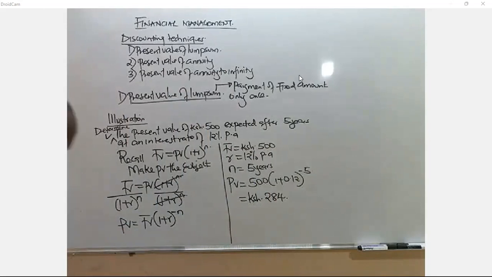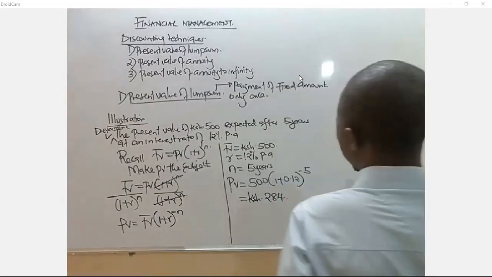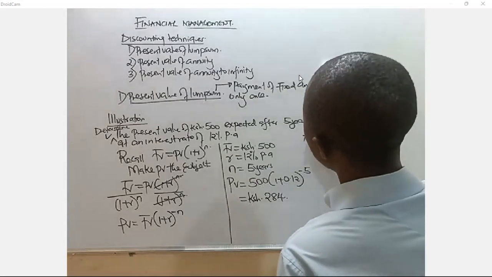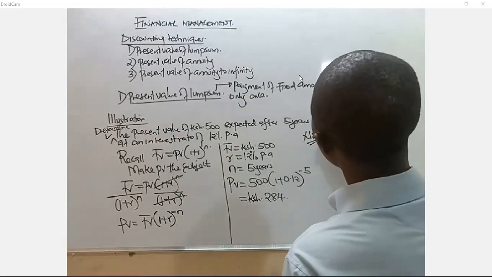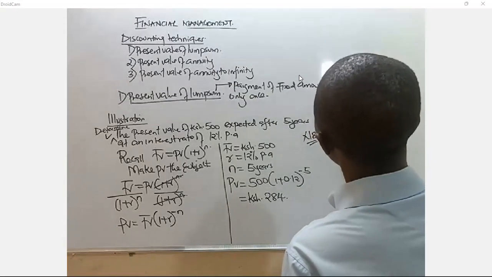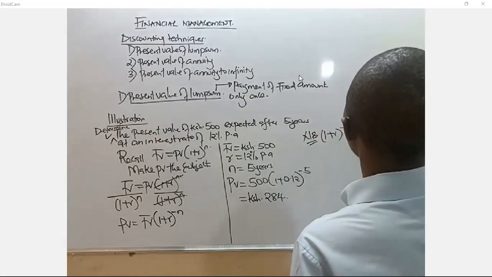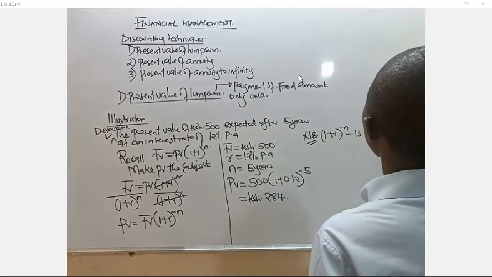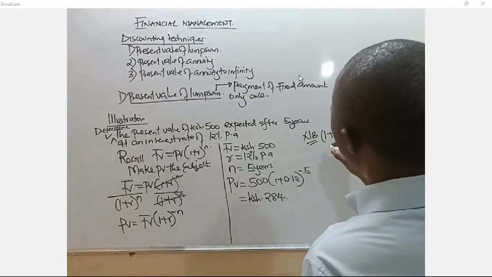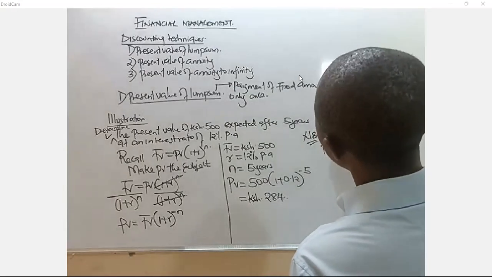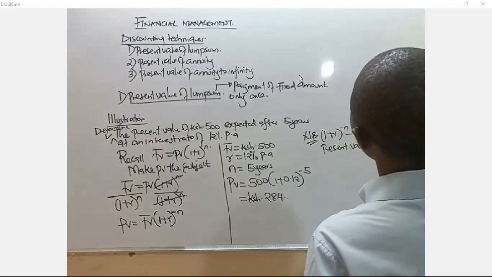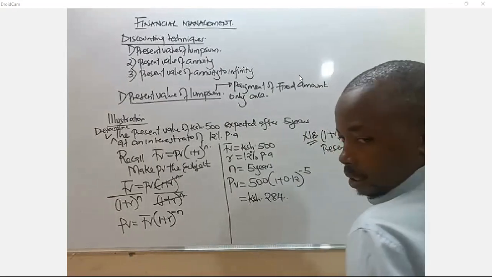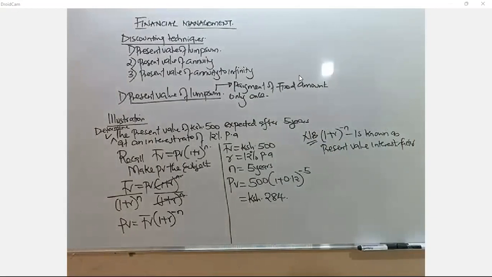Let me write an NB here. We are saying 1 plus r raised to negative n is normally known as the present value interest factor. And our present value should be equal to what?